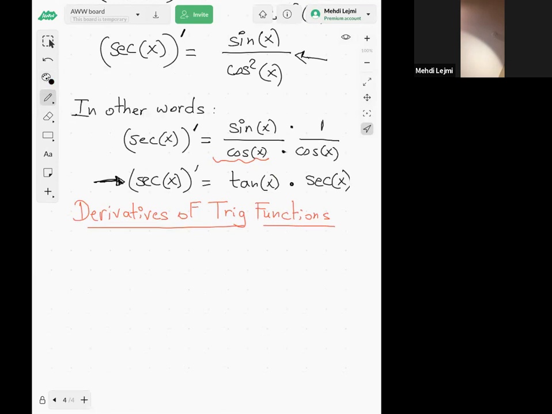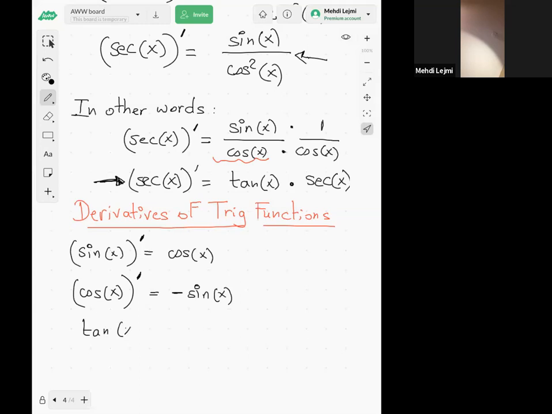First, the derivative of sine of x is cosine of x. The derivative of cosine of x is minus sine of x. The derivative of tangent of x, we proved, is equal to secant squared of x.